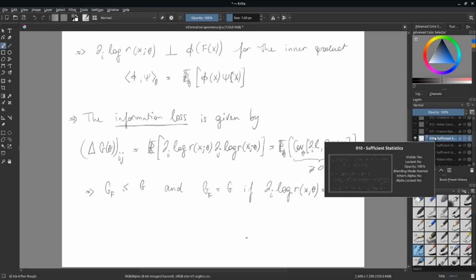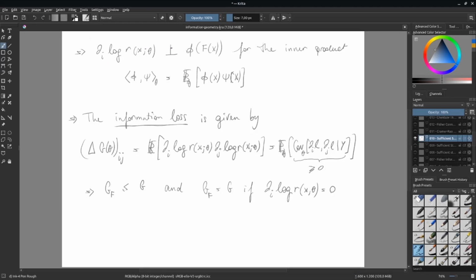And what that means is that this function here is going to be orthogonal to any function phi of f of x for this inner product on the bottom here. Roughly that means that the information that we're losing by only looking at the distribution of f of x is given by the following. It's the expectation along theta of essentially d_i log r times d_j log r. And so that's the covariance matrix.